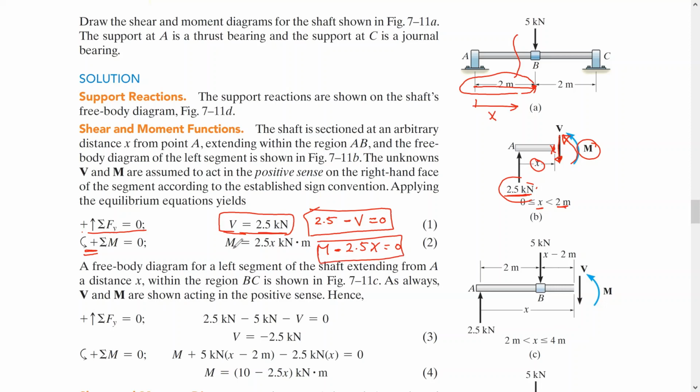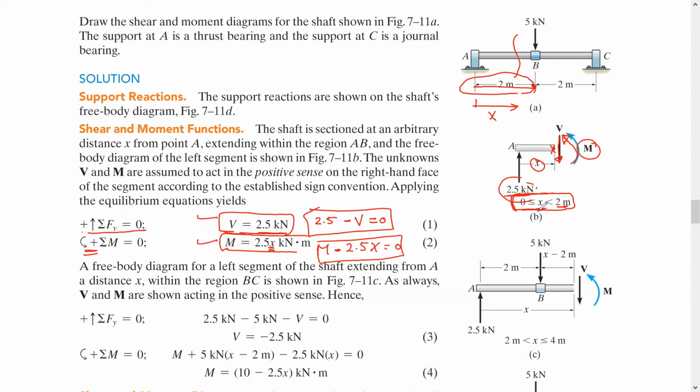Solving this equation, we get the moment is 2.5x kilonewton meter. These two equations for the shear and moment diagram are valid within this range, where x is greater than or equal 0, less than 2 meters.